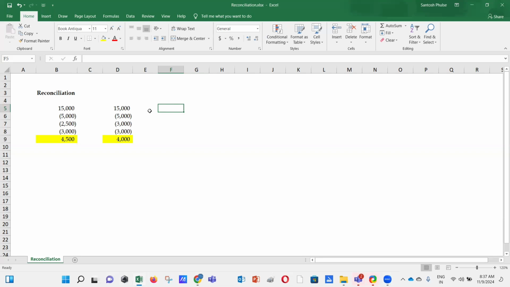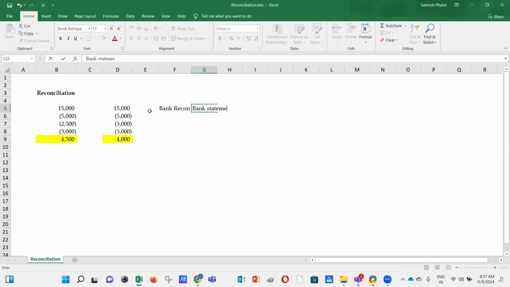If you see here, it's your bank recon, you have two different statements. One is your books of account, the bank balance as per your own records, from our books of account.